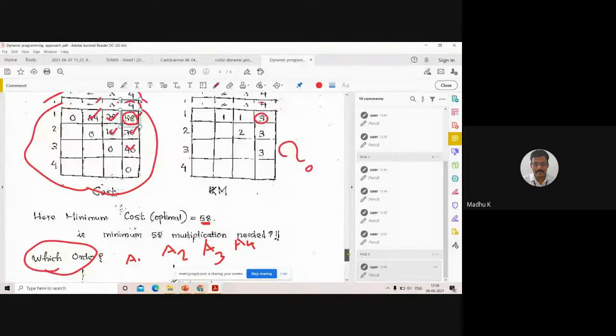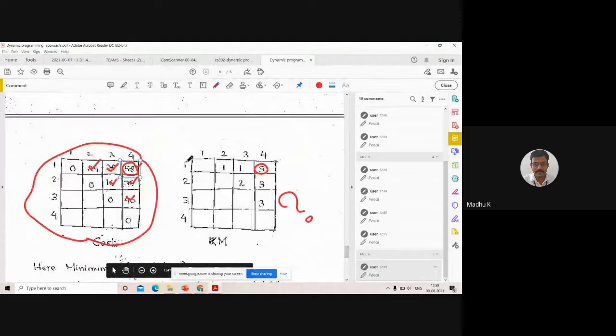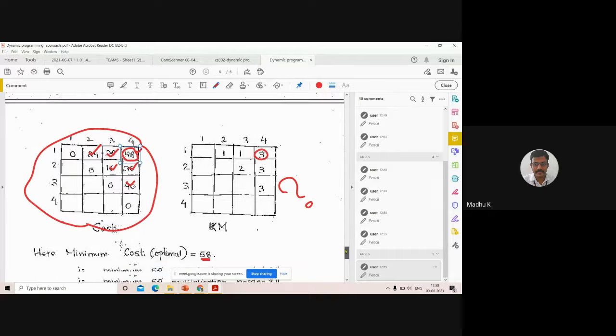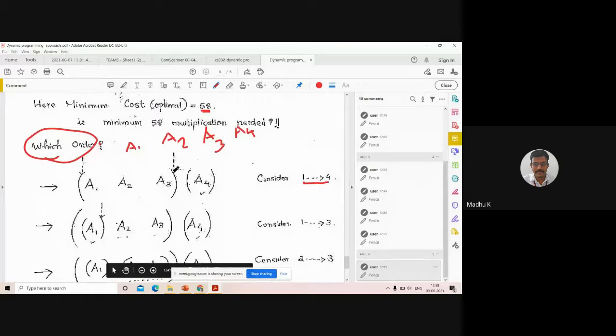Then we will check the 1 to 4 entry. We are considering the 1 to 4 matrices initially, and the value here is 3, which means we should put a parenthesis in this position. Here we will put a parenthesis.